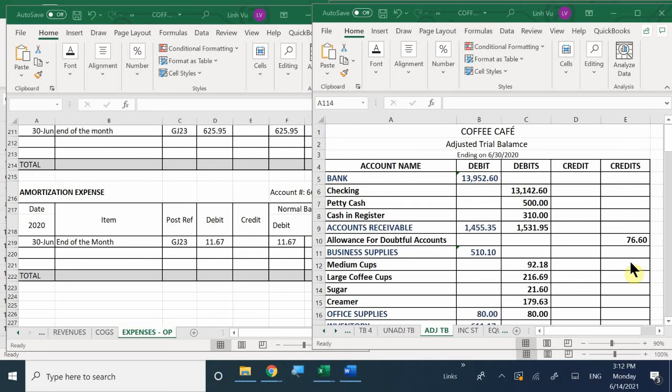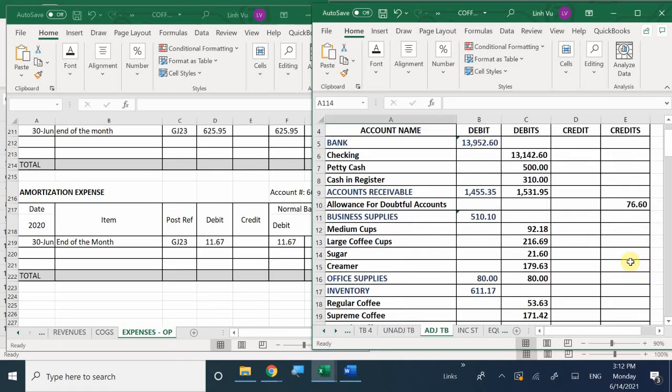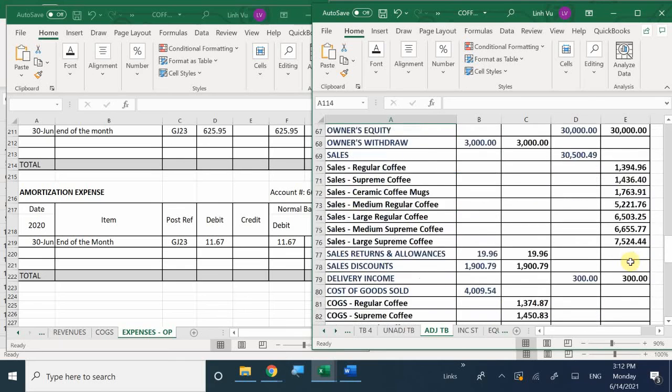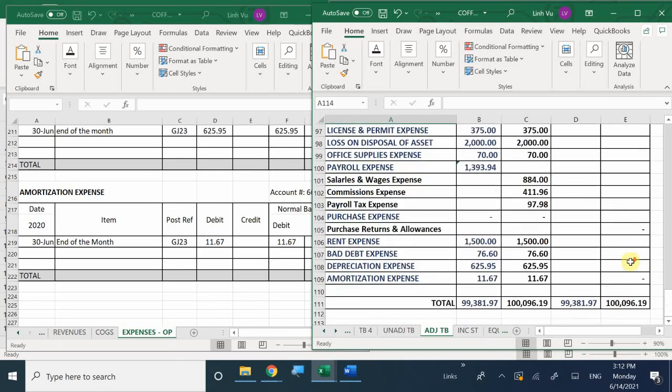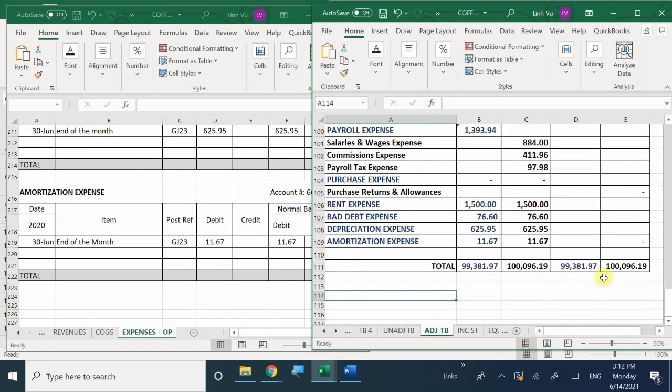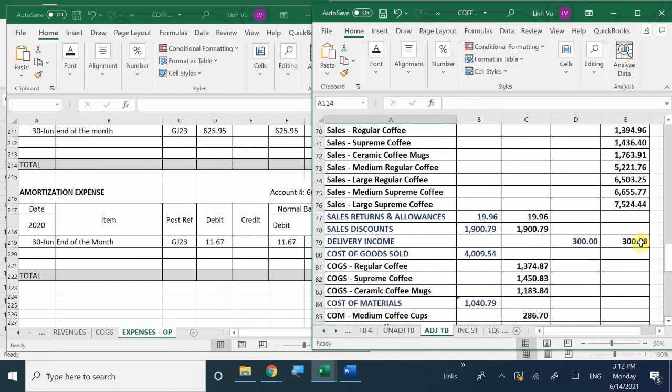On the bottom, my totals read 99,381.97, 100,096.19, 99,382.57, and then 100,096.79. Okay, so it's one of the numbers here.